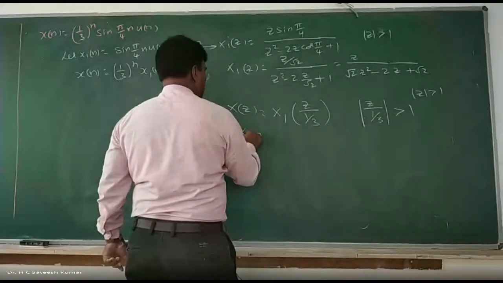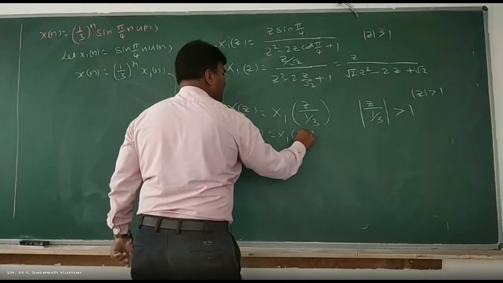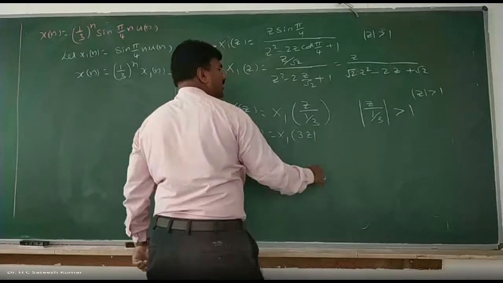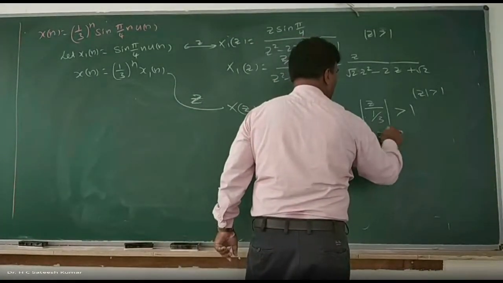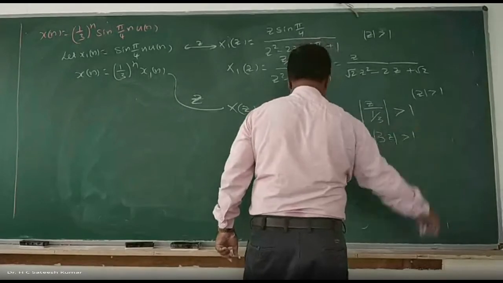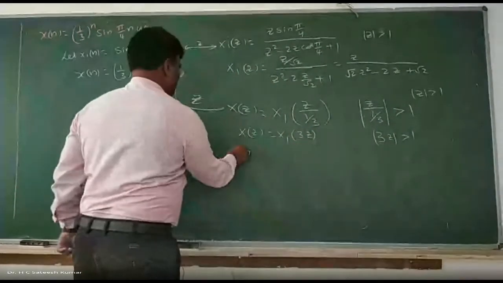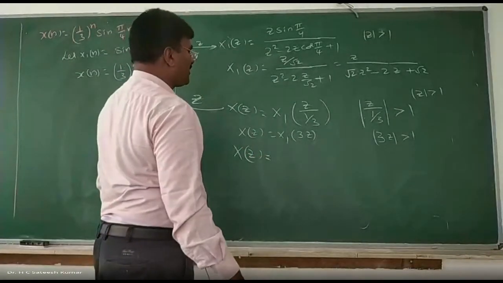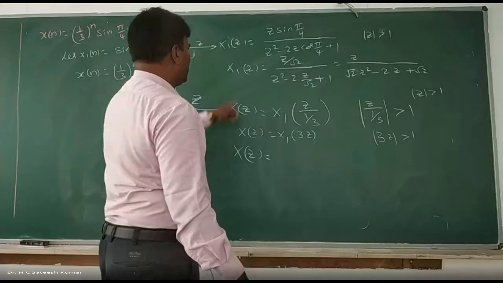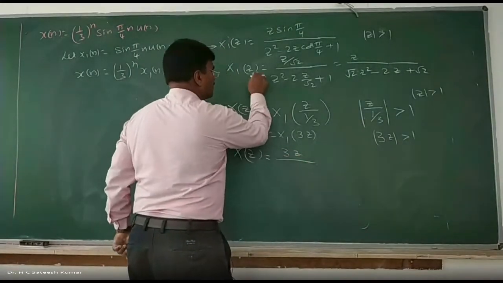The 3 will go to the numerator, so we write 3z, with magnitude of 3z greater than 1. So X(z) is equal to X1(3z). Wherever z is there in X1(z), replace it by 3z.